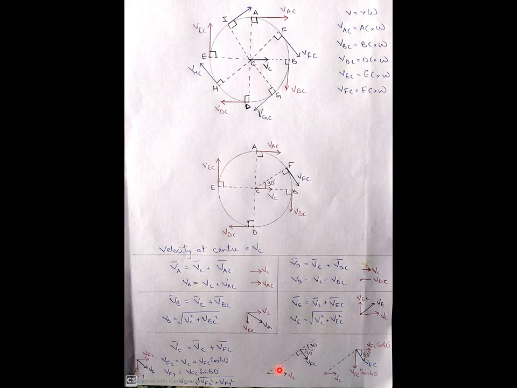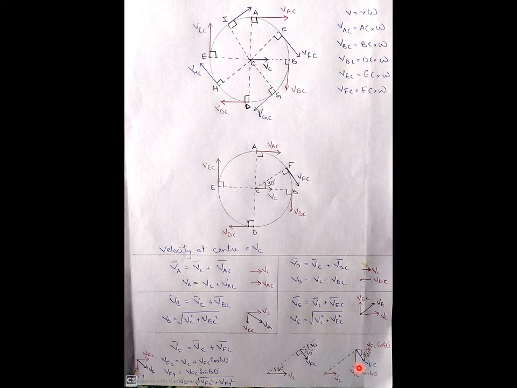Now again, we want to see what is the inclination of this VFC with respect to horizontal. In order to solve that, let us extend this line. This is 30 degree with respect to horizontal. Now this line and VFC will be perpendicular, which means VFC will be inclined at 60 degree with respect to horizontal.